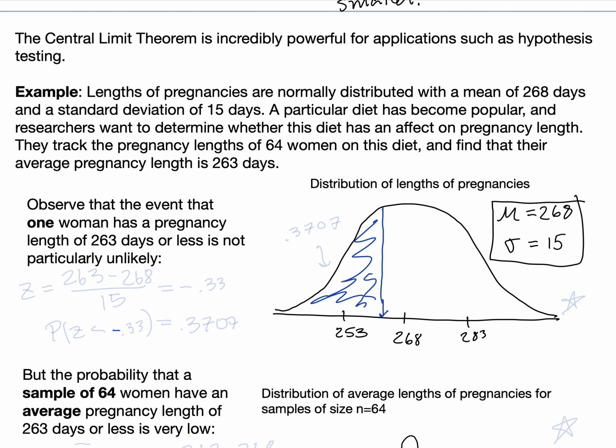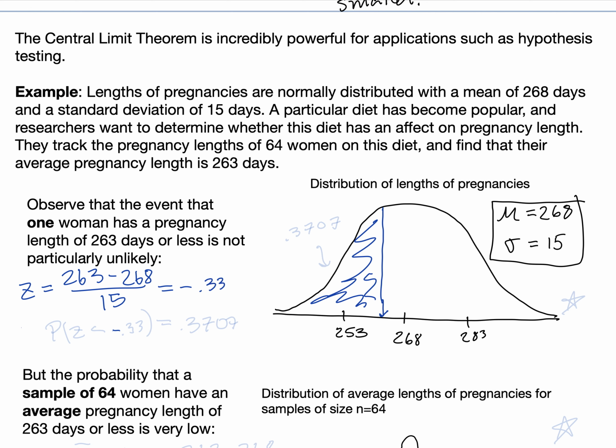To get a precise value, we could do a z-score. So the z-score for this is 263, our data value, minus 268, our mean, divided by the standard deviation of 15. And so we would get a z-score of negative 0.33.